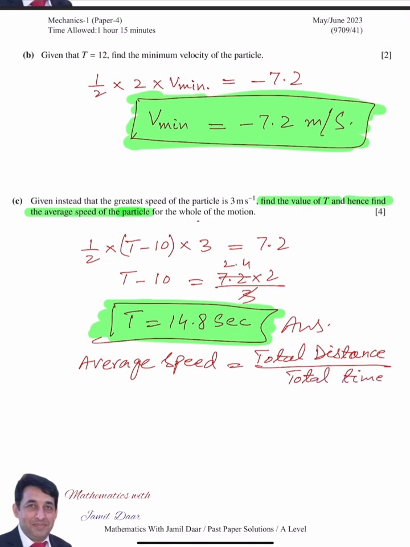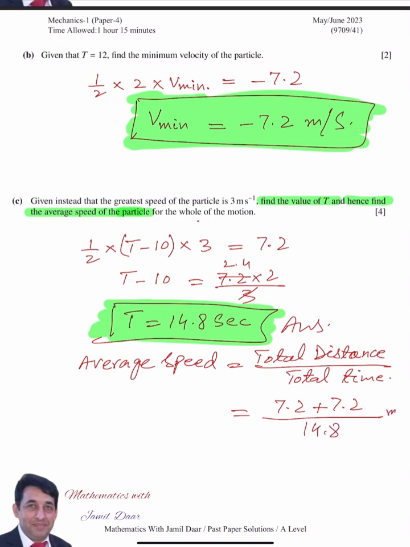So what is the total distance? 7.2 plus 7.2, because it moved 7.2 and came back 7.2, and it is not displacement, so it will not be negative. And total time we have found, this t is 14.8, so total time is 14.8.